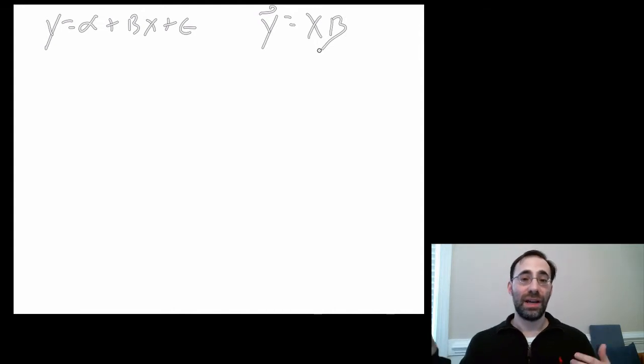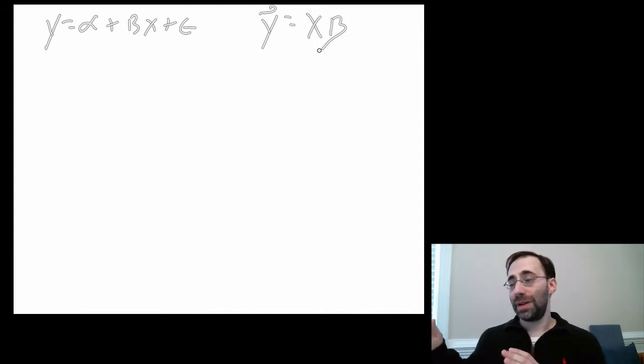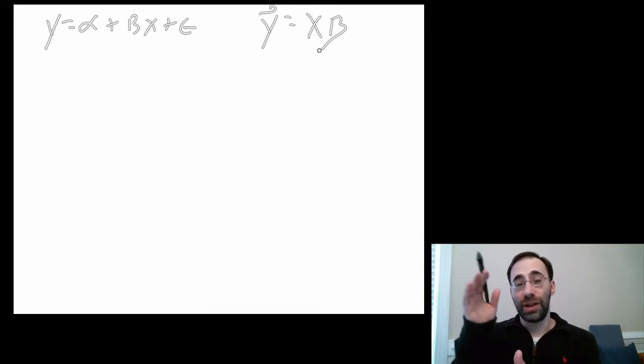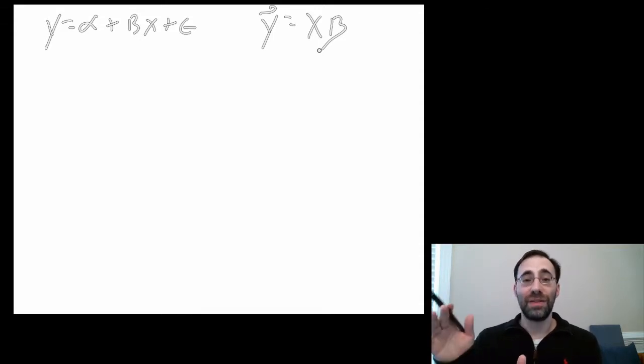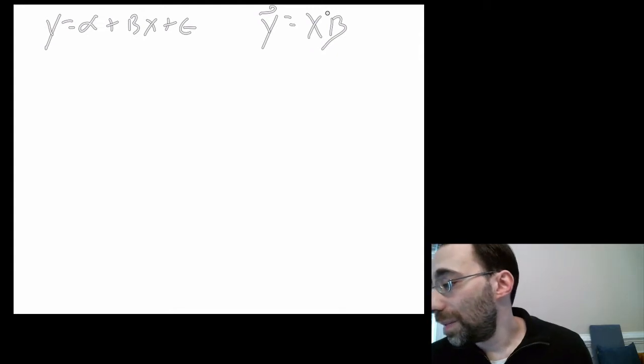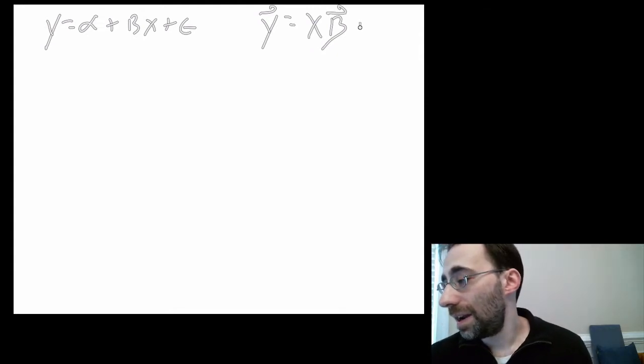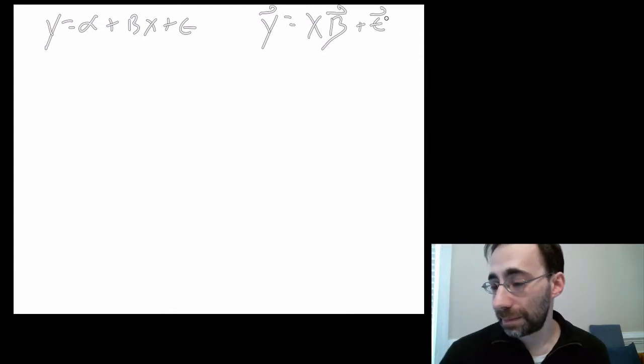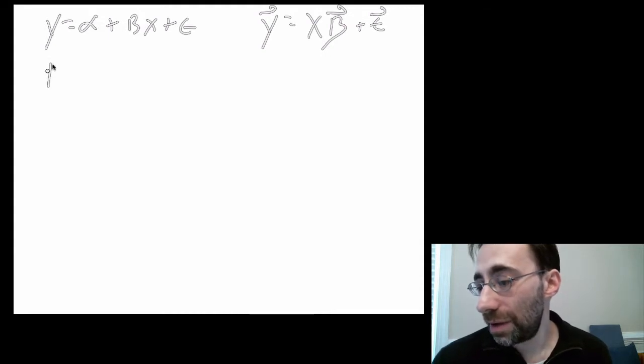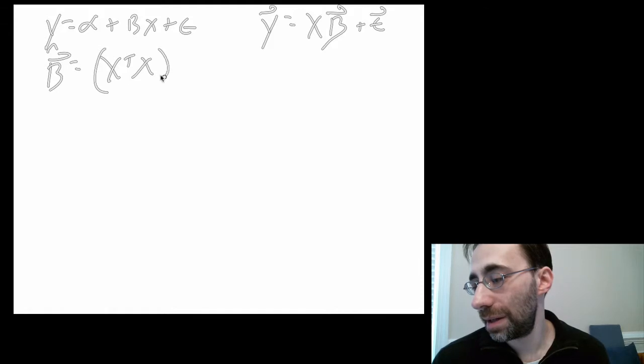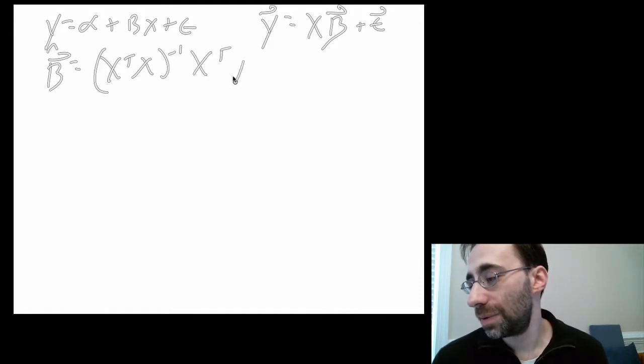X is a matrix corresponding to the data on the independent variable, with each column being all the data points for each of a series of independent variables. Beta is the coefficient vector, and epsilon again is the error vector. And we said that you could find the optimal beta as (X transpose X) inverse X transpose y.